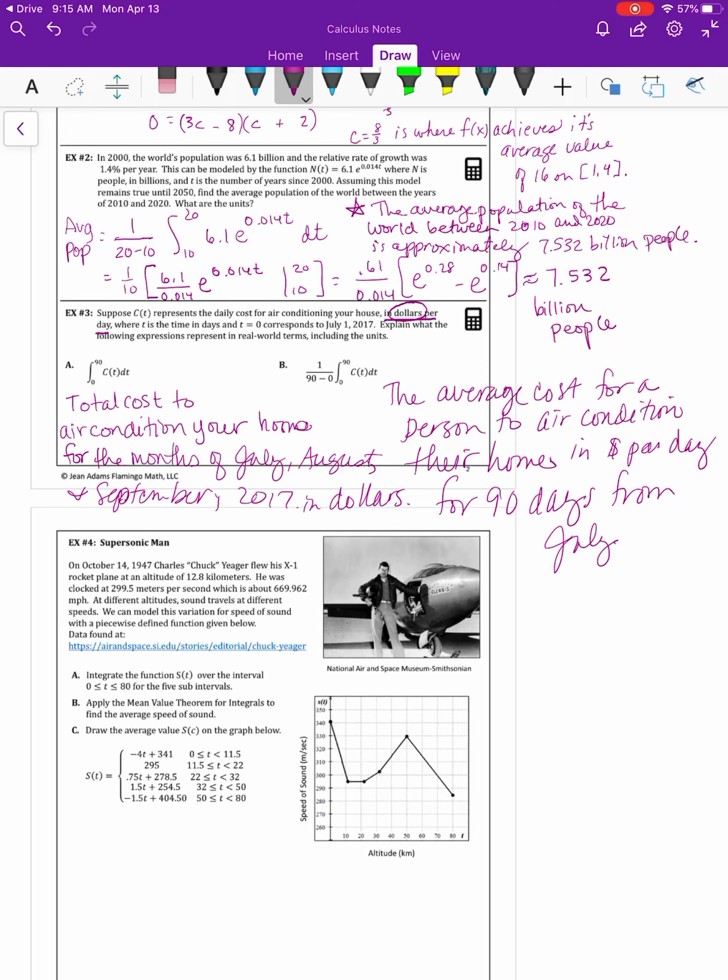So the first piece is from 0 to 11.5, and that piece is negative 4t plus 341 dt.